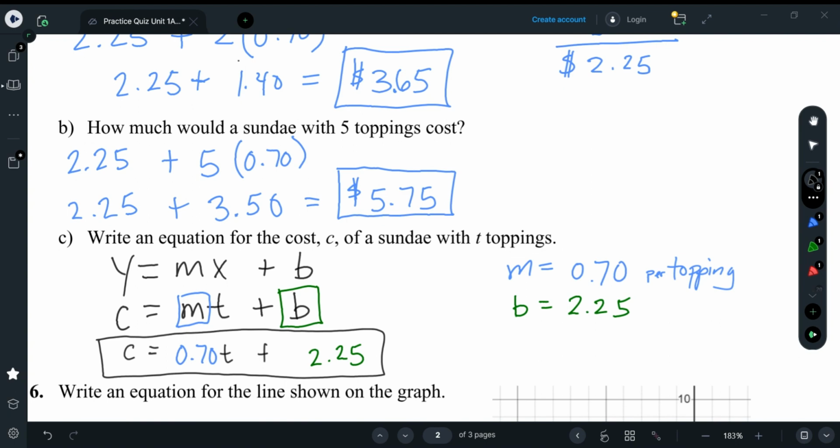There's our equation. C equals 0.70 T plus 2.25.